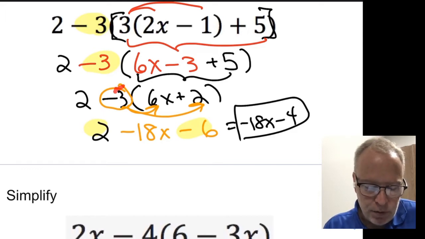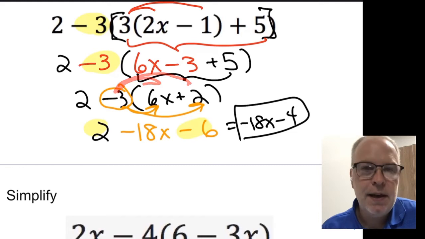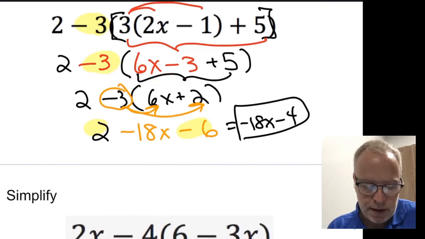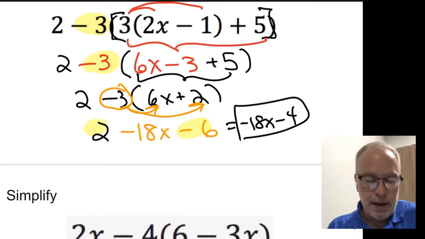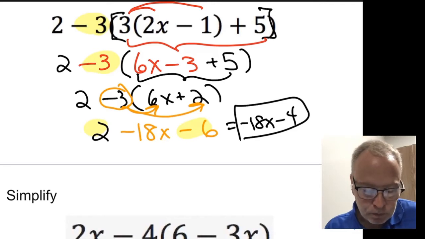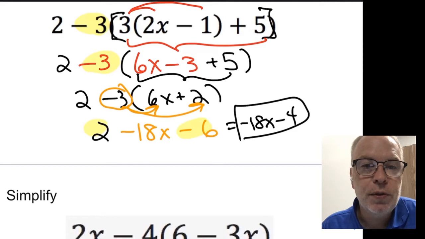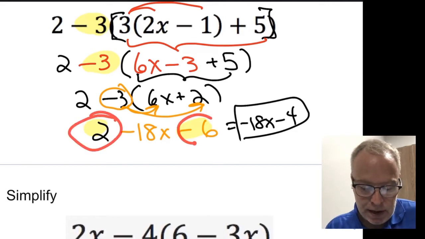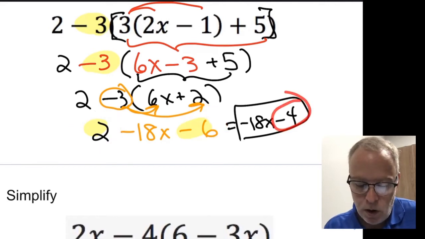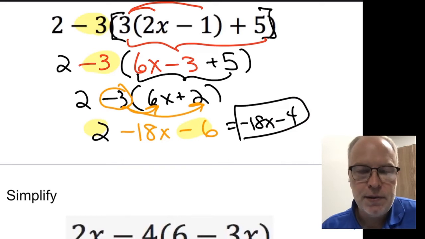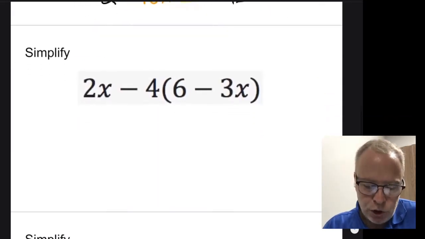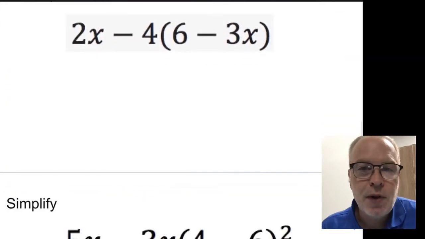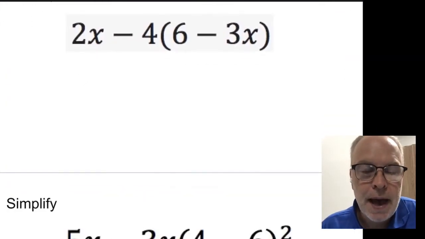So now the negative 3 is next on the list, and it gets multiplied, and that's where we got the negative 18x minus 6. So then we took the 2 and the negative 6 and got our negative 4, and I didn't lose any minus signs. I was real careful along the way. Okay, let's move on.